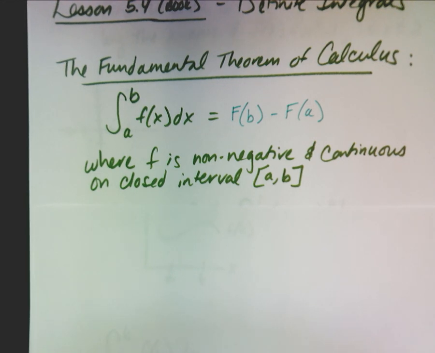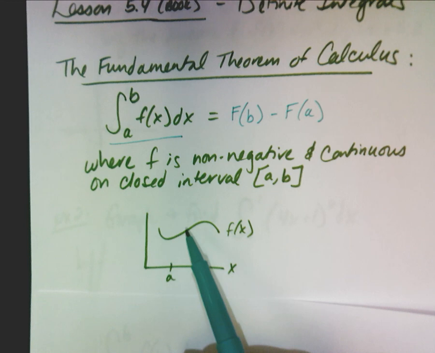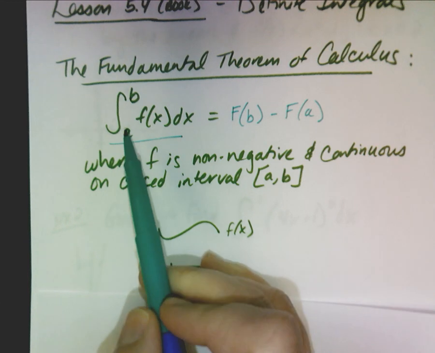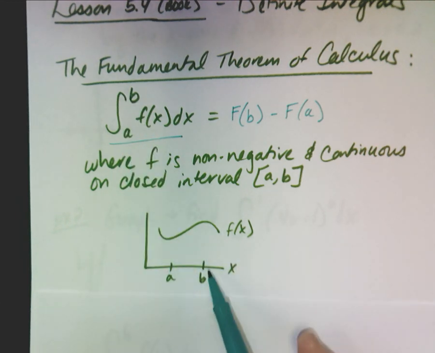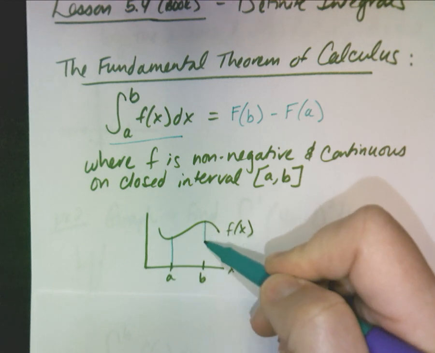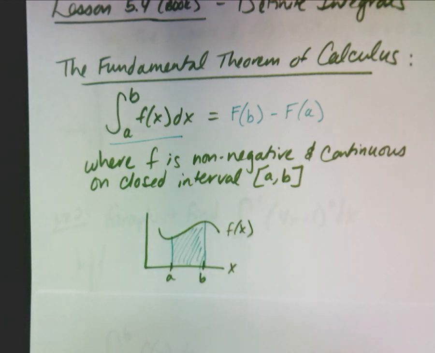So here's really what I want you to understand, okay? When you see this, you need to be thinking of some curve, some function, under that curve, where a is your lower limit and b is your upper limit. And then you've got the x-axis, and you are trying to find the area in between, okay?